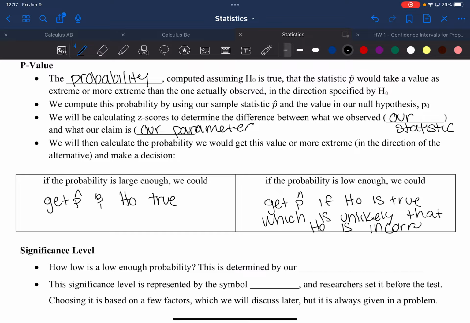Don't worry, I'm going to give you something super easy to remember this, because this looks crazy, right? Get p hat if the null hypothesis is true, which is unlikely, so the null hypothesis is incorrect.